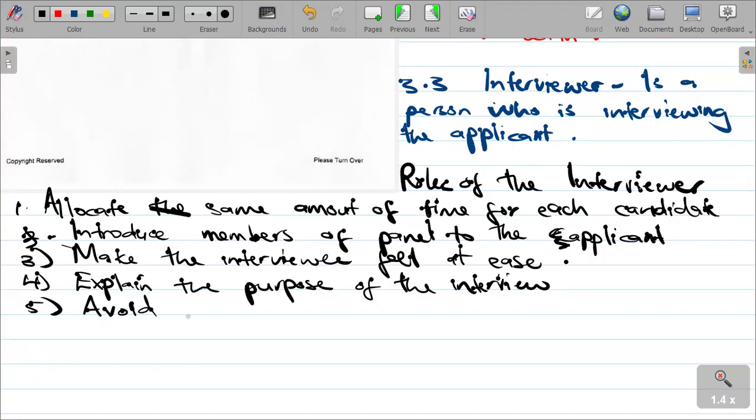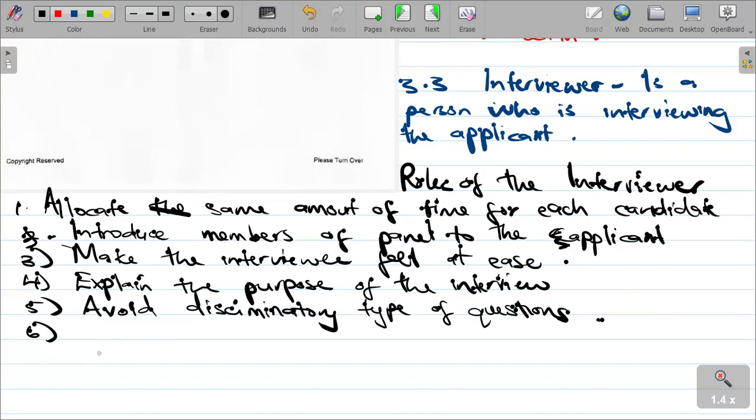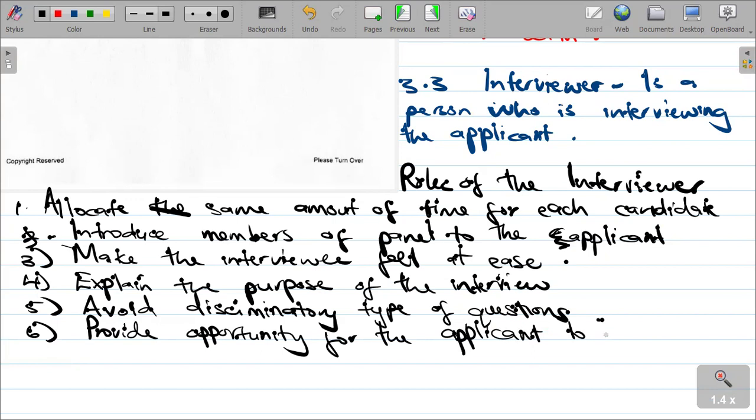It's supposed to provide opportunities for the applicant to ask questions.